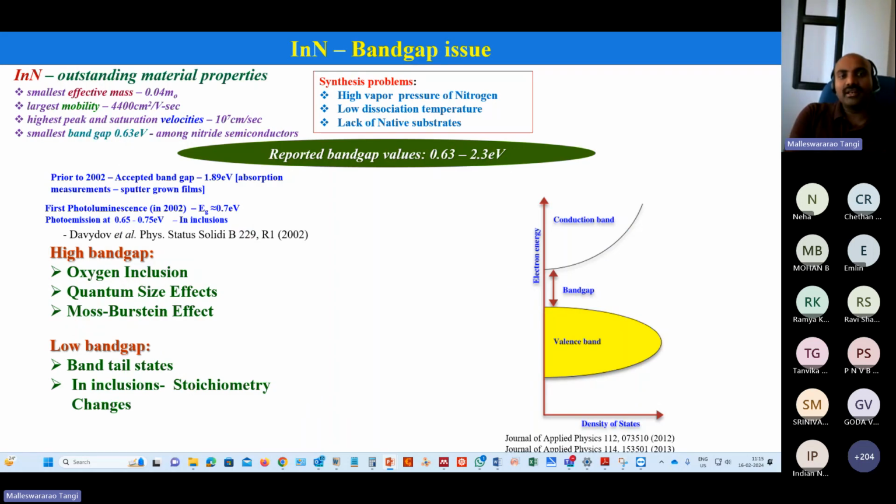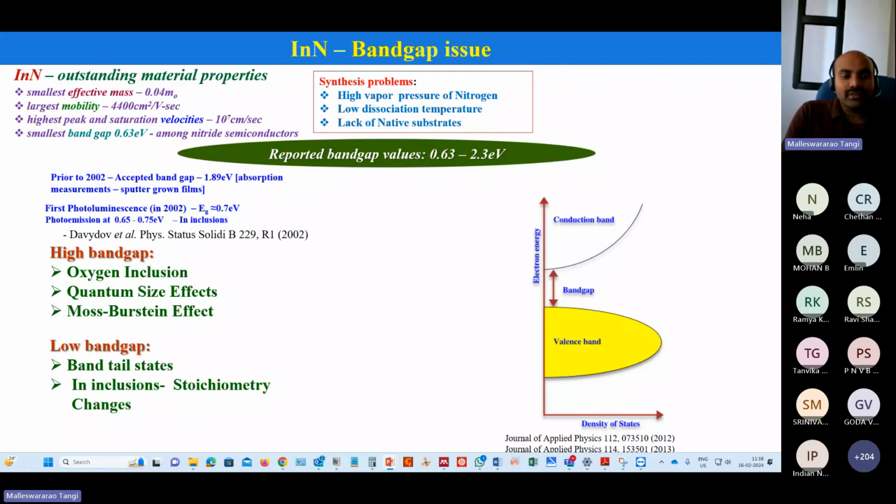Among these nitrides, initially indium nitride had some band gap issue because researchers understood it wrongly because of poor growth techniques such as sputtering. Initially, people believed that indium nitride has a very high band gap because of synthesis problems like the high vapor pressure of nitrogen, low dissociation temperature, and lack of native substrates. And this high band gap was attributed initially to oxygen inclusions, quantum size effects, and the Moss-Burstein effect.